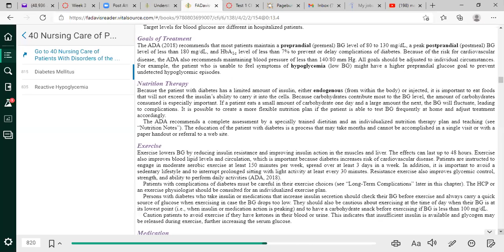Would it be like starchy foods, rice, potatoes? Yes, that will have carbs in it. Carbohydrates is another word for sugar. That's all it is to me. Nothing but another word for sugar. And what it's pointing out, carbohydrates contribute most to the blood glucose levels. So when people's blood sugar is shooting up, it's because of the carbs, where an individual needs to start looking at the carbs that they are consuming.